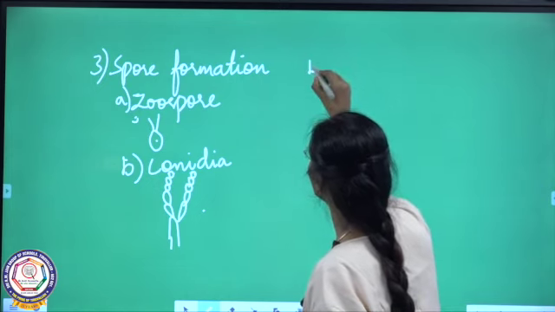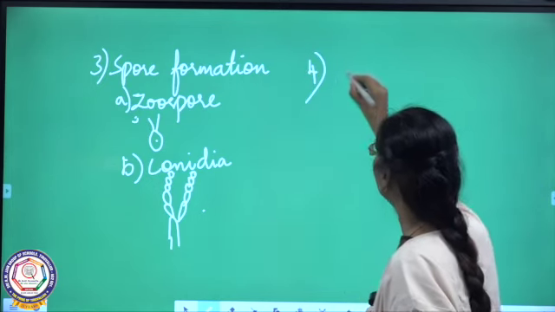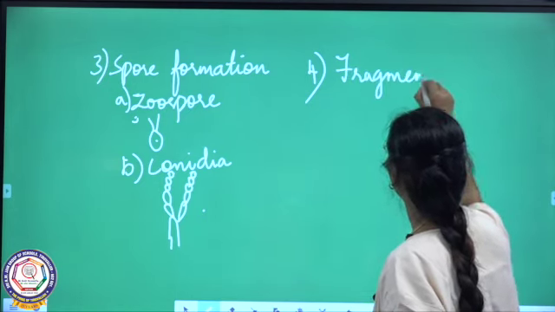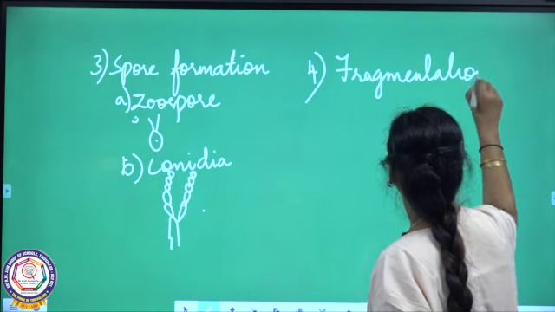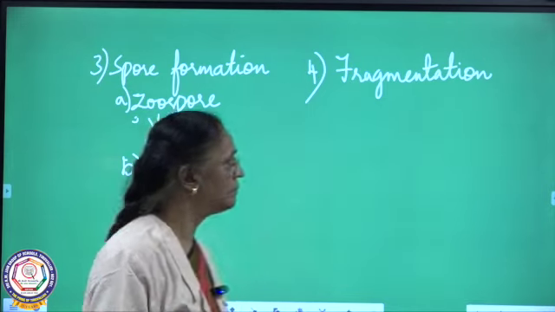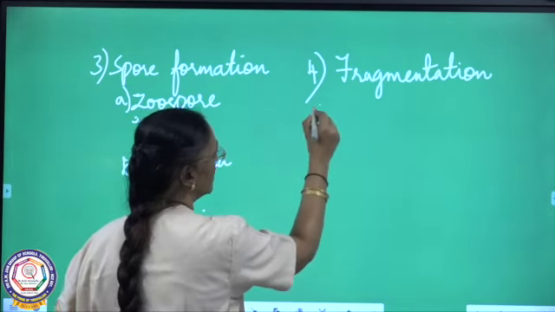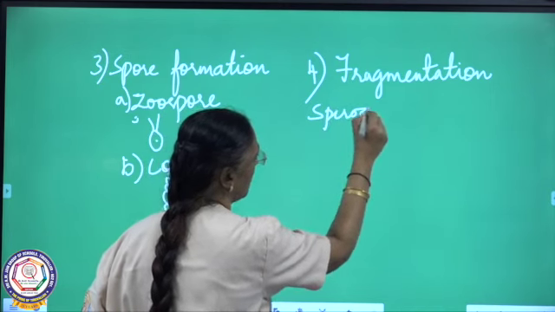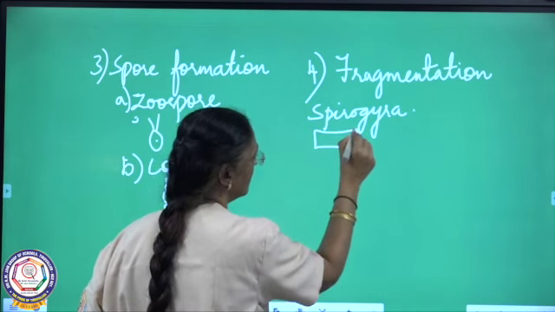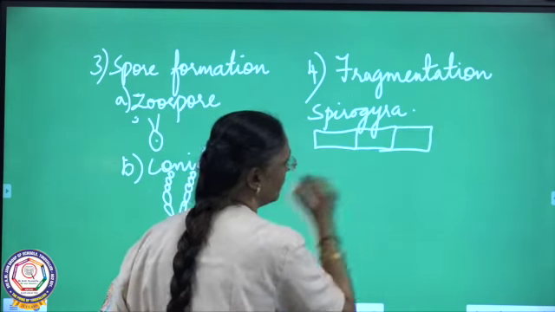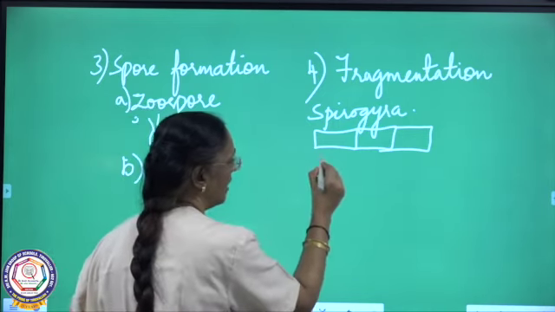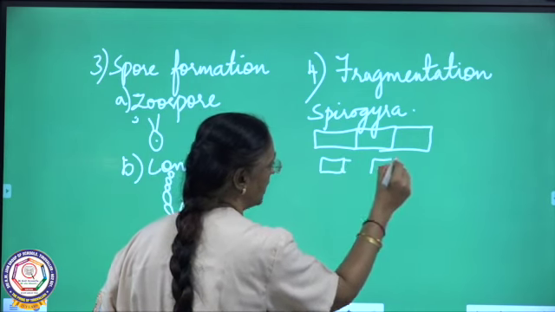And the fourth mode of asexual reproduction is fragmentation. This we can find in Spirogyra, a filamentous alga, and this filamentous alga breaks into small fragments, and each fragment will develop into a filament.